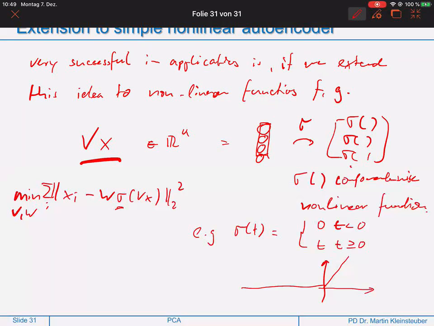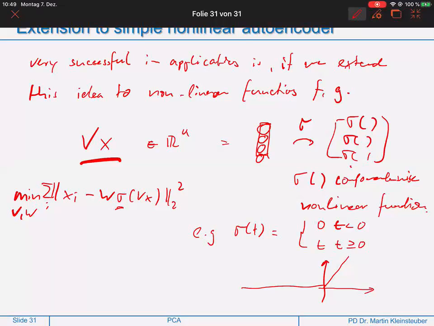Then we have this noise model, where we say, okay, if we go for different noise models, like Poisson noise or not Gaussian noise distribution, but another noise distribution, we get another maximum likelihood approach, and we come to another optimization problem that leads us to a different form of PCA that could be, for example, more robust, right?